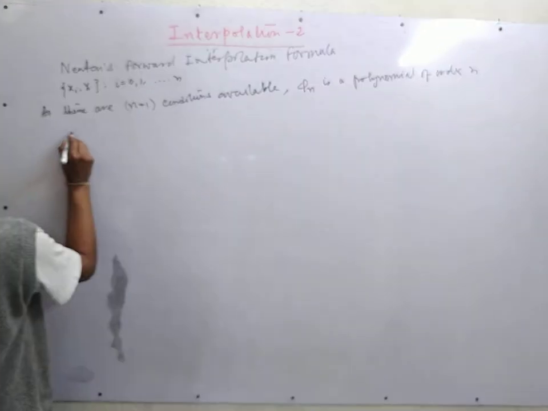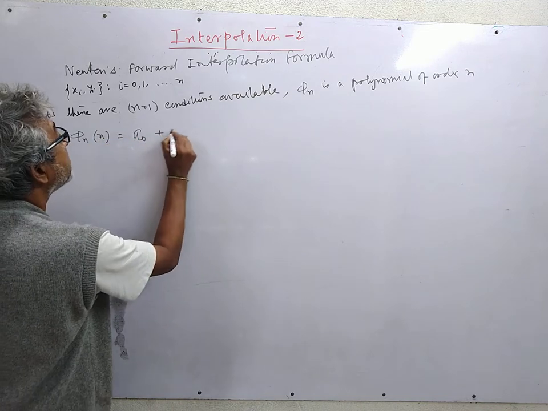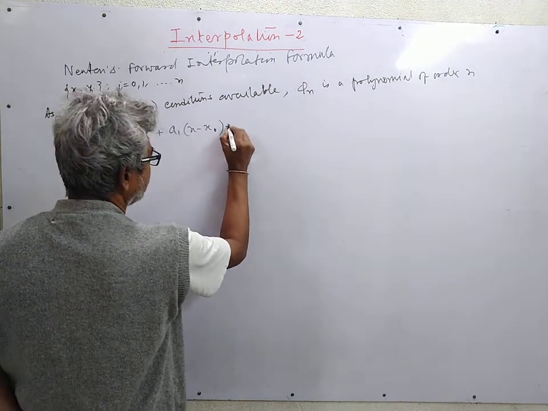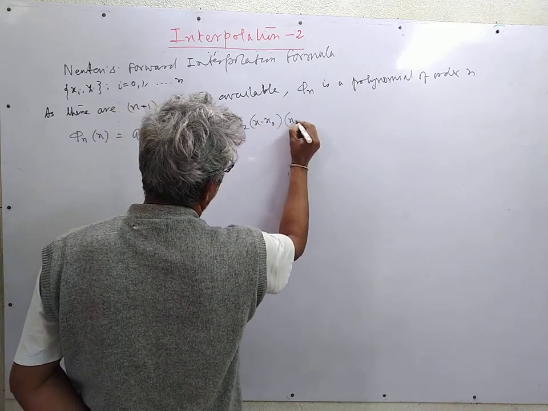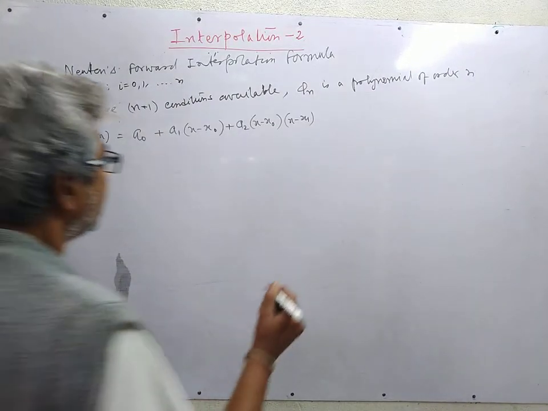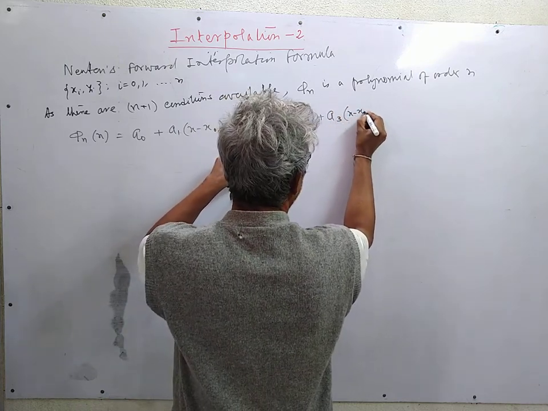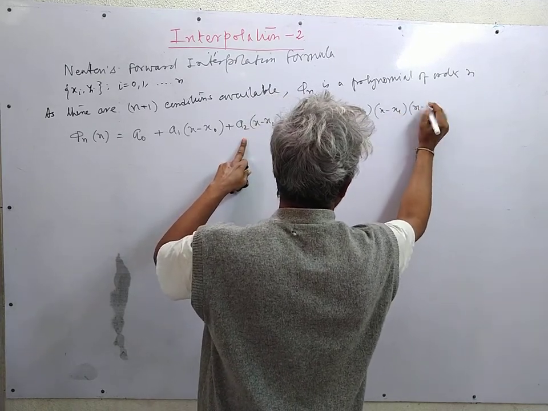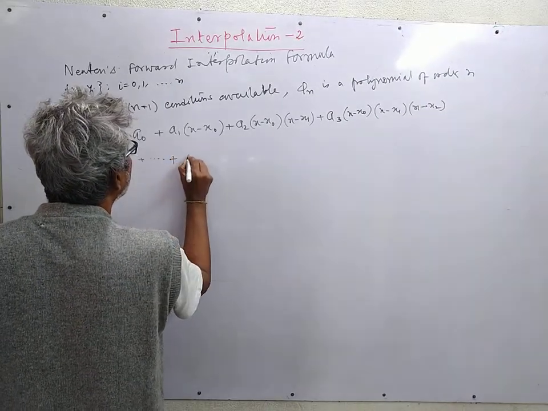So in Newton's formula, one assumes phi n of x is equal to a0 plus a1 (x minus x0) plus a2 (x minus x0)(x minus x1). Then the next term is a3 (x minus x0)(x minus x1)(x minus x2), and so on up to a_n.